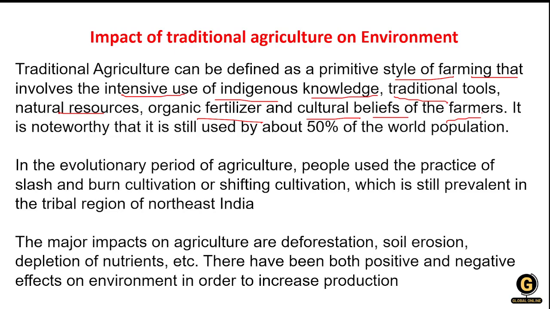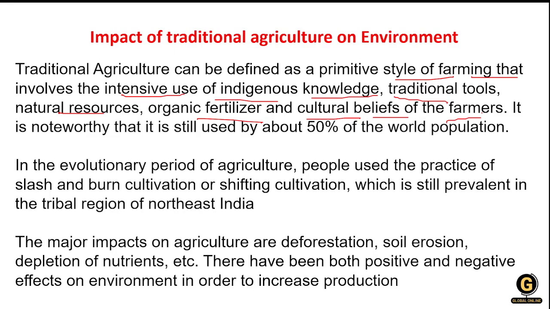That means we are using traditional tools, the organic fertilizers, indigenous knowledge, and the cultural beliefs of farmers. Okay, so this kind of style of using in agriculture will impact negatively on the environment.